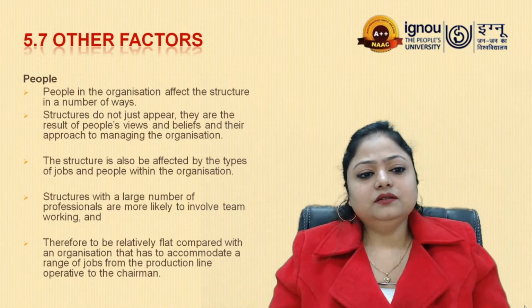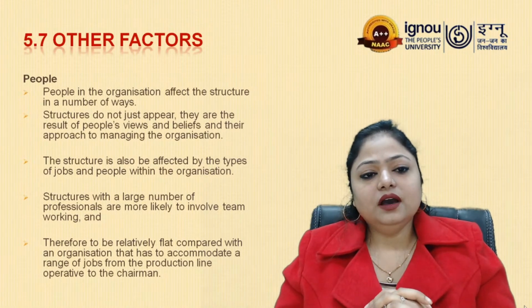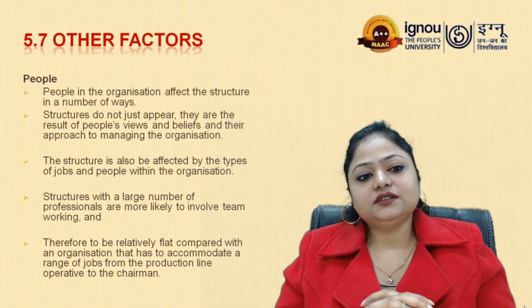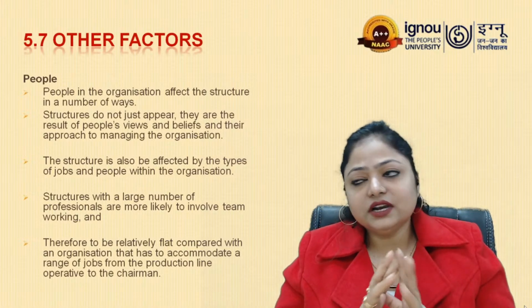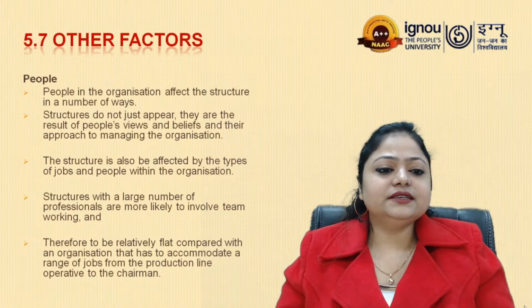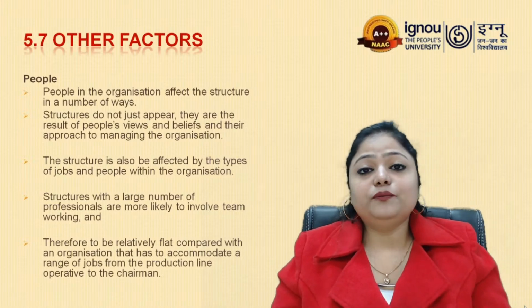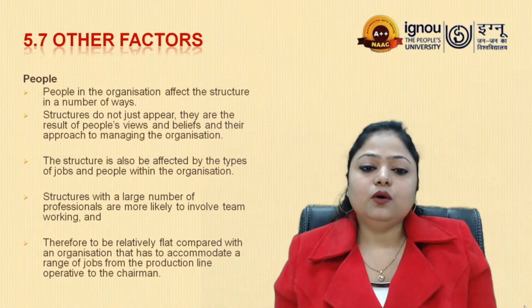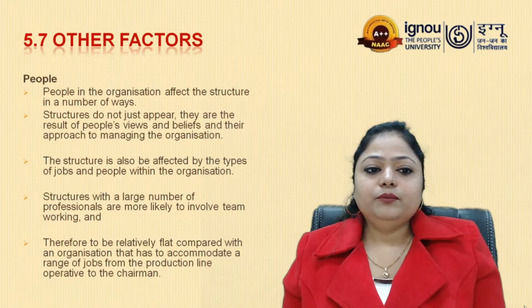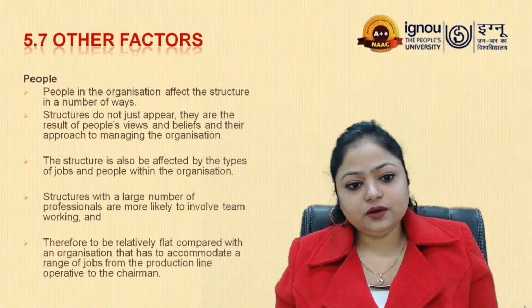Then people associated with the organization also affect the overall organizational structure. Let's see how. Structures do not just appear, they are the result of people's views and beliefs and their approach to managing the entire organization. People affect the organization and the jobs people are doing in it.